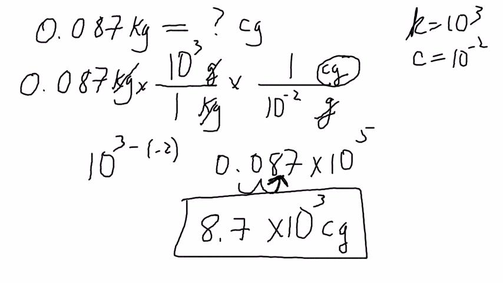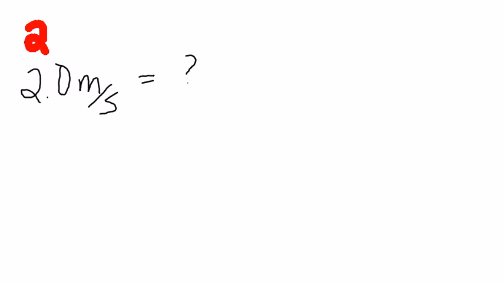The most difficult kind of multi-step conversion would be if you have 2 units. Let's say you're walking at a pace of 2.0 meters per second. And what you want to know is how many kilometers per hour is that?